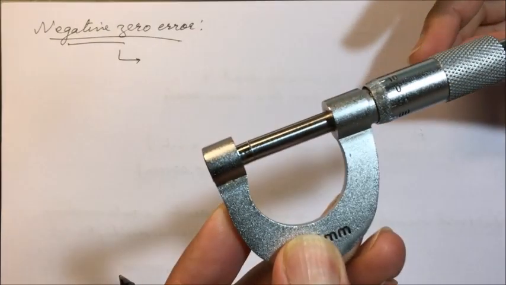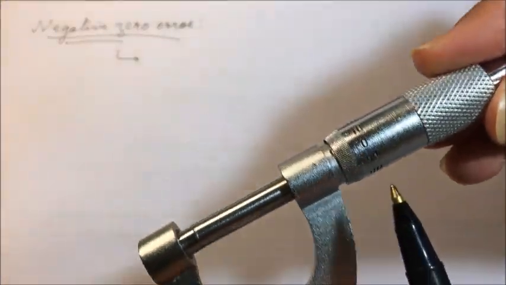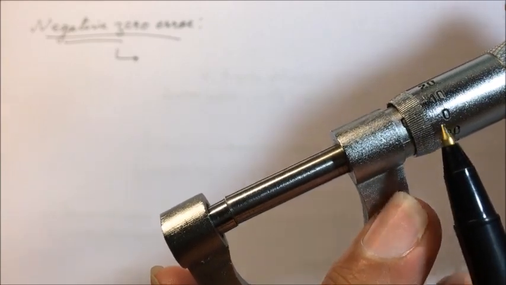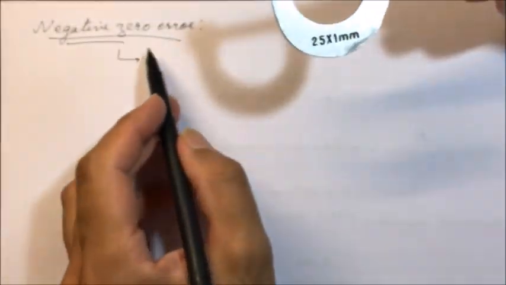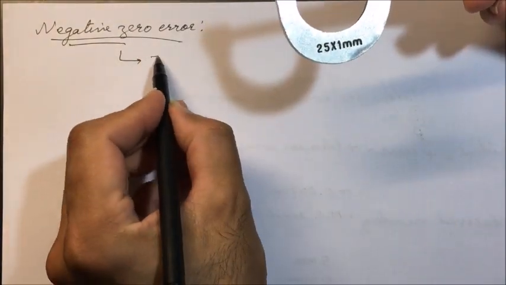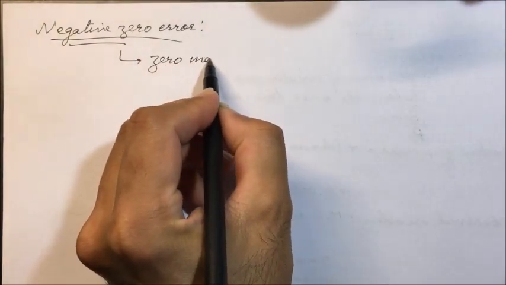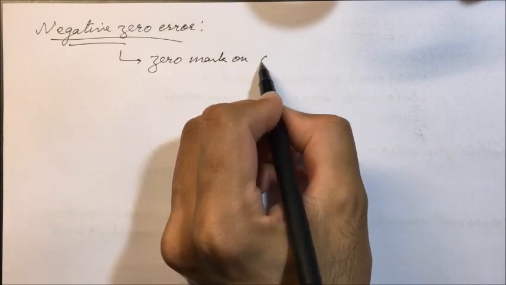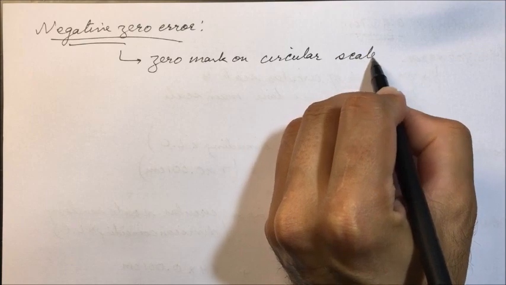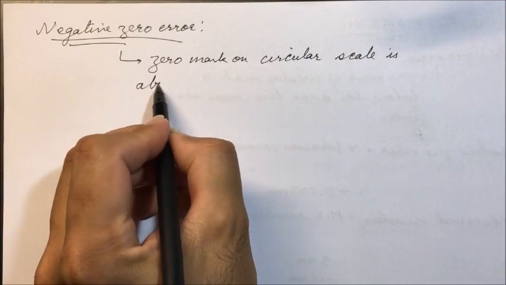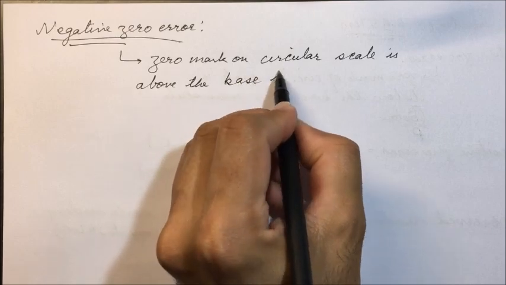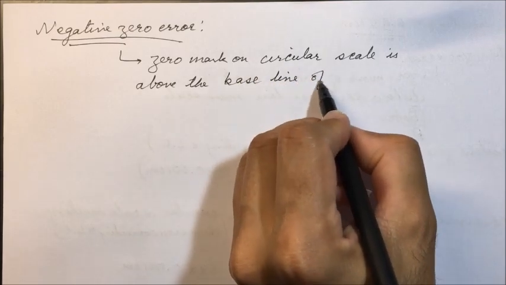The screw gauge is said to have negative zero error when the 0 of the circular scale is above the baseline. So here the 0 mark on the circular scale is above the baseline of the main scale.